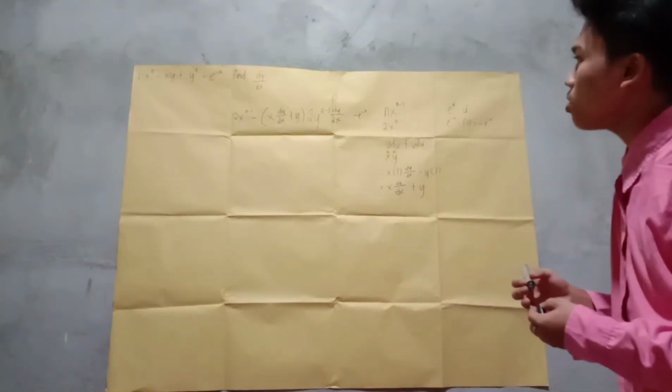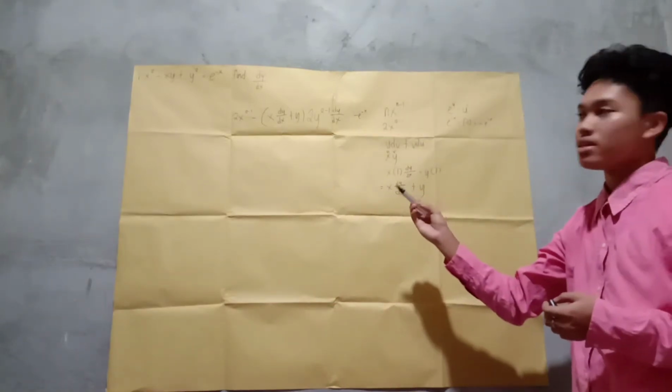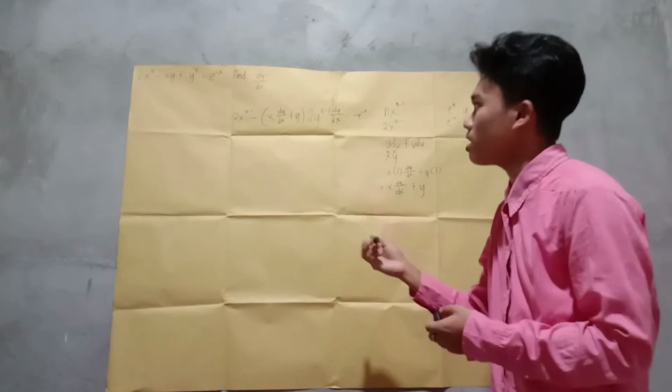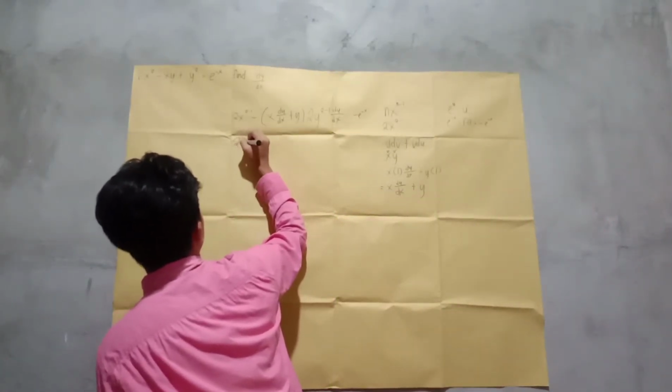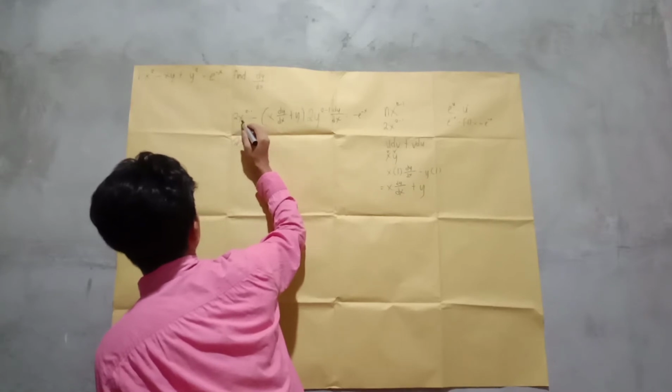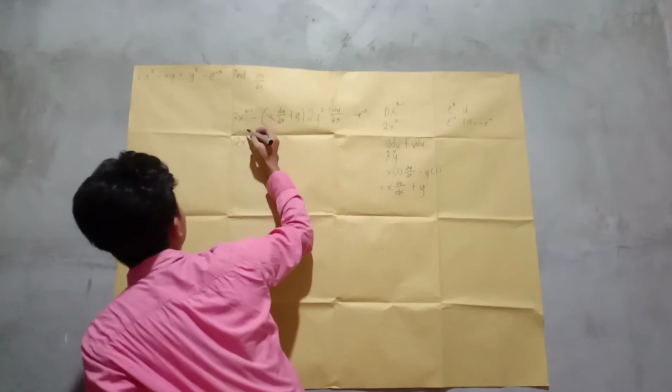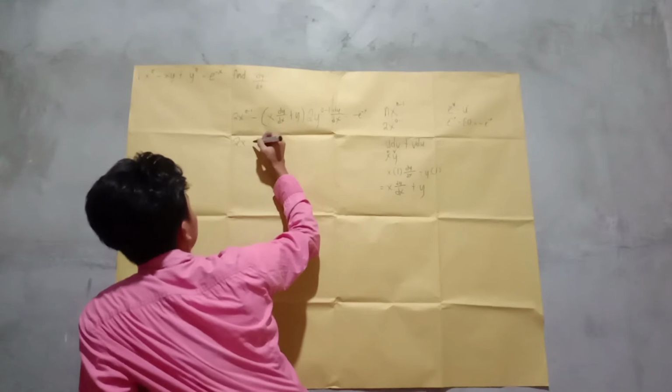So now what are we going to do? We can now manipulate this. 2x raised to 2 minus 1 is equal to 1, so we don't need to put that.